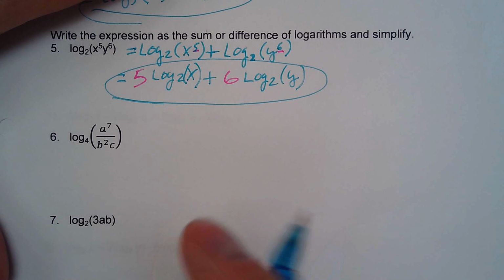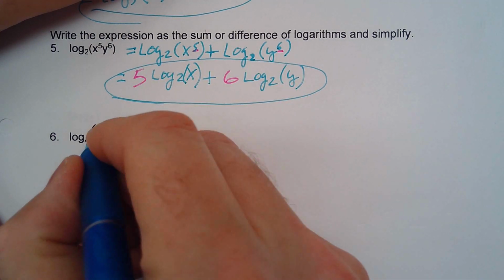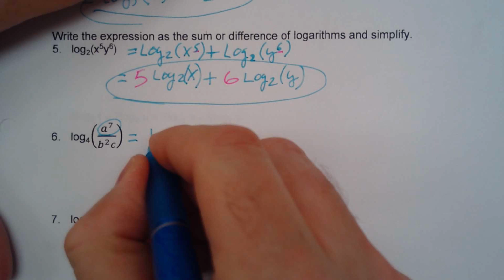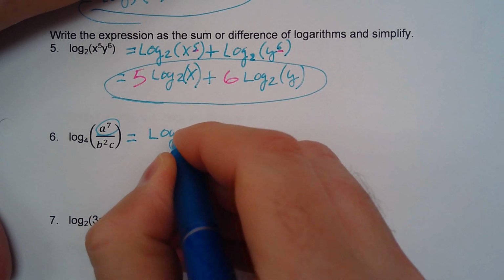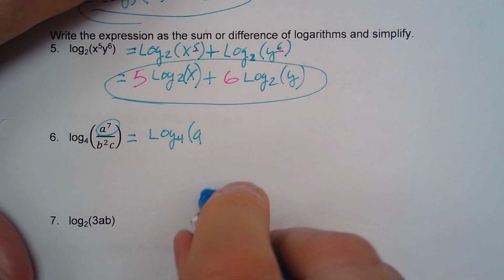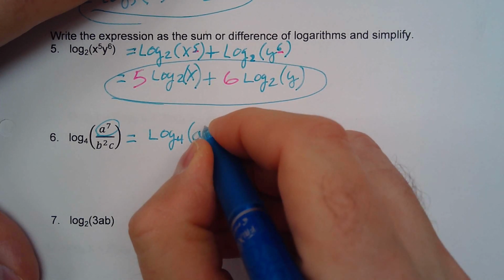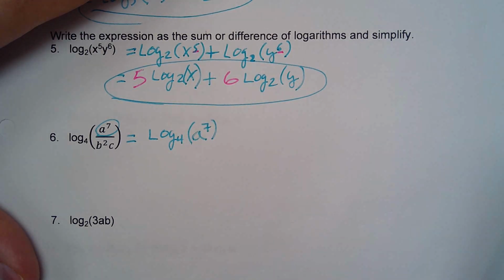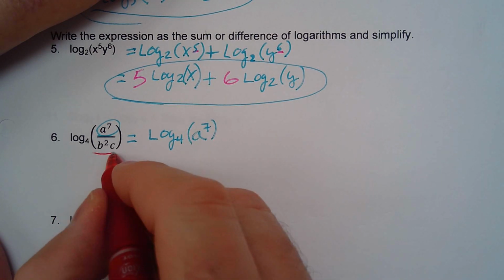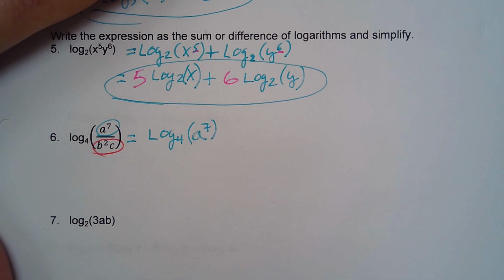Now here we separate these out. That's in my numerator, so that log is going to be positive. These two factors are on the bottom, so those will be negative.